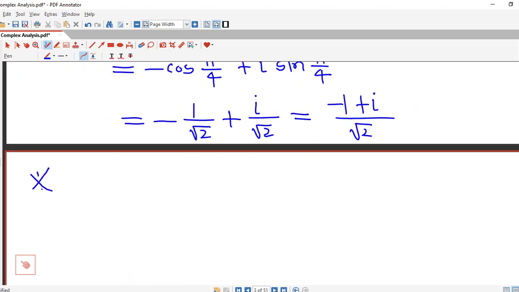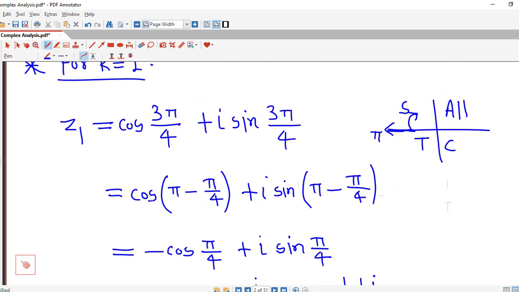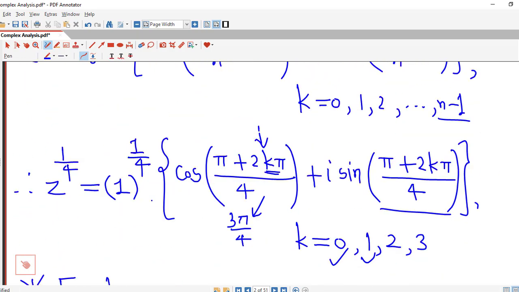Similarly we find the root corresponding to k equal to 2. Now we substitute k equal to 2 in this expression. If we take k equal to 2, we have 2 into 2, 4 pi, so 4 pi plus pi, that is 5 pi by 4. So the angle will be 5 pi by 4 for k equal to 2.